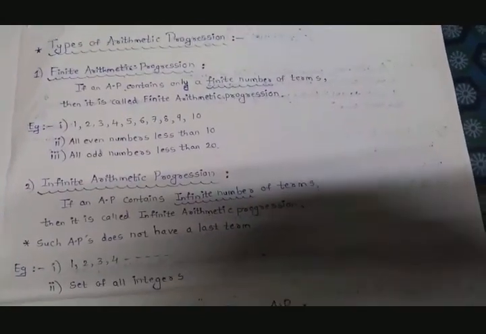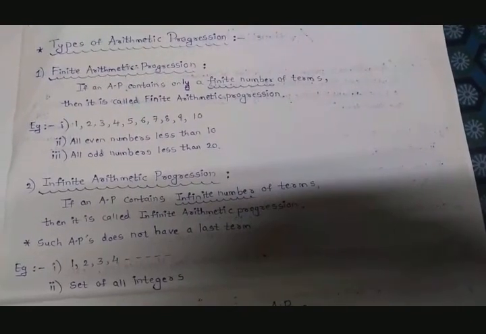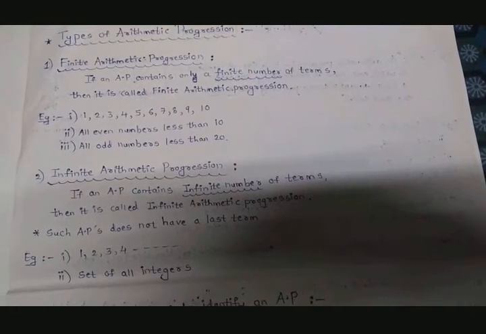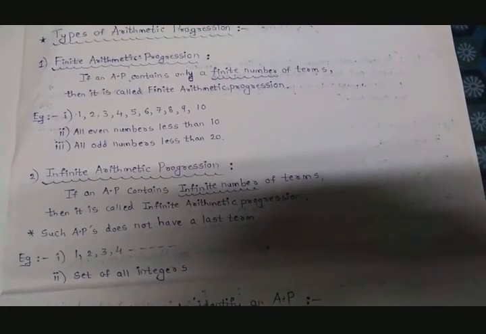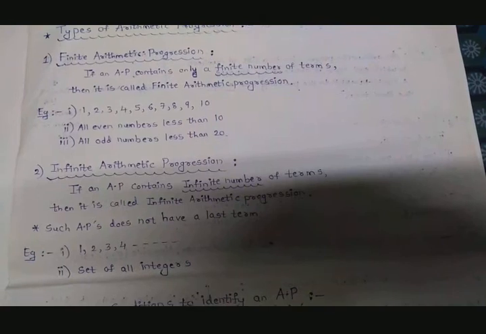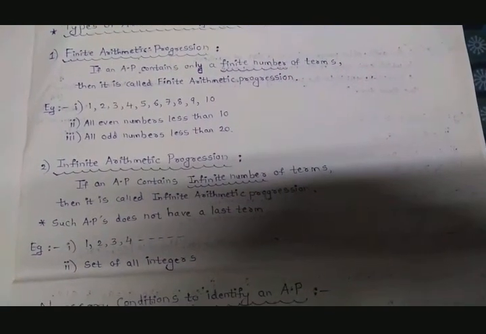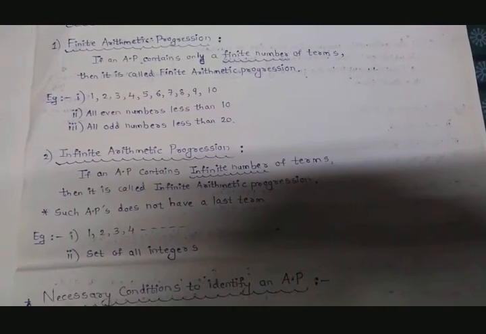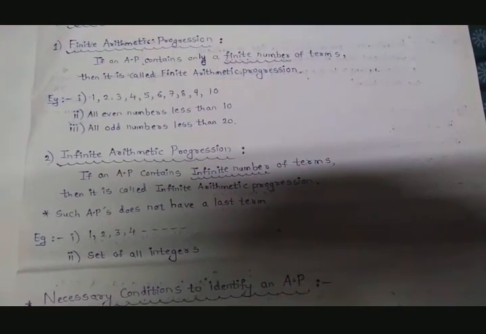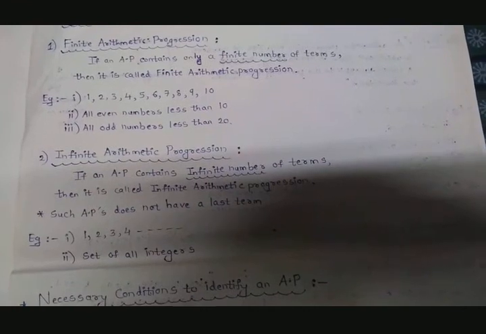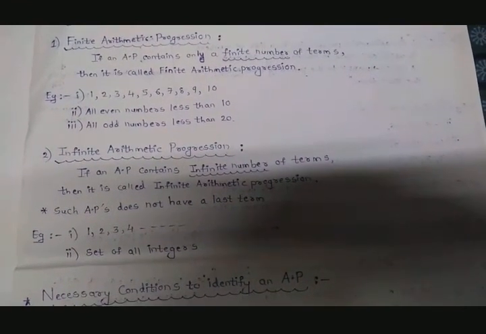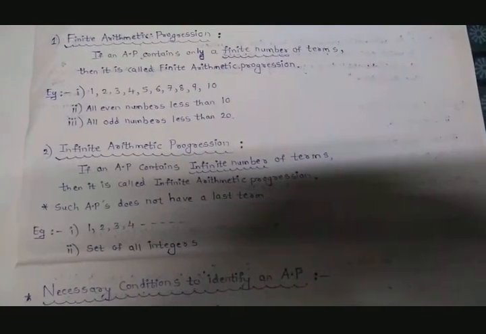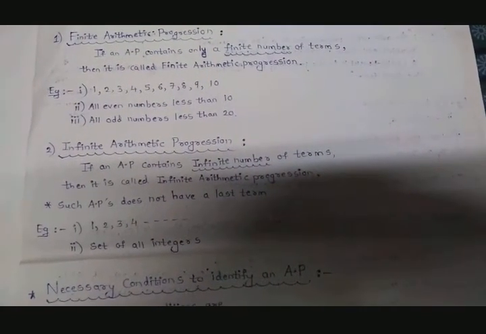And after that we studied about the types of arithmetic progression, that is finite arithmetic progression and infinite arithmetic progression. So a finite arithmetic progression means it will have a finite number of terms, and an infinite arithmetic progression means it will have an infinite number of terms. So examples for finite arithmetic progression are the set of numbers from 1 to 10, and you can also take all even integers less than 100 or 1000.